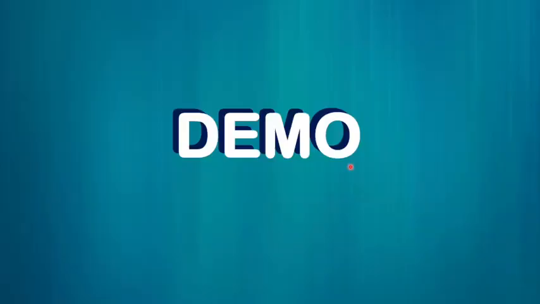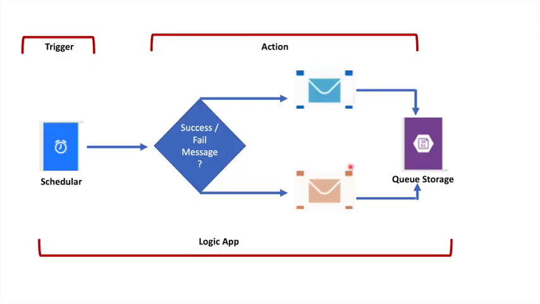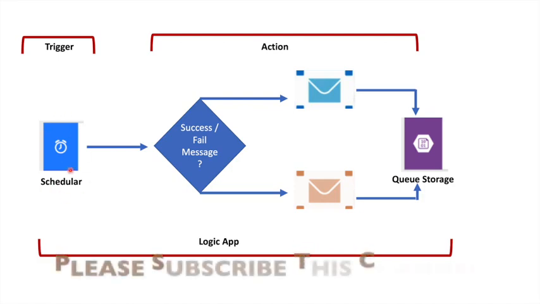Okay, enough talk, let us start our demo. In that demo, I'm going to make this Logic App. I will take one scheduler. That scheduler will trigger every 30 minutes or 30 seconds, whatever you want to configure.